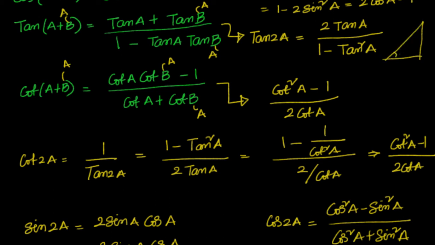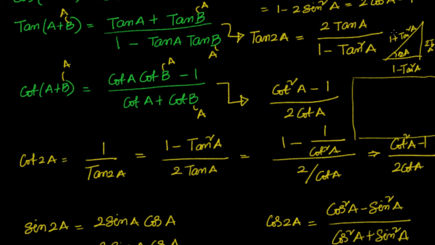Suppose let us say this is 2A, we know tan 2A is equal to 2 tan A by 1 minus tan square A. If we apply Pythagoras, this becomes 1 minus tan square A whole square plus 2 tan A whole square, and if you square root it, it becomes 1 plus tan square A. What I am saying here, let me just write it down here. If you are interested, you can just look at that.